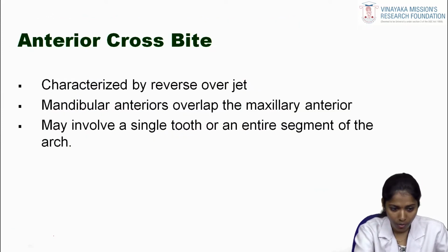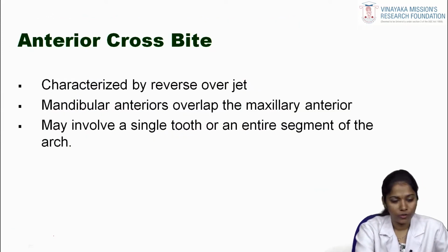We can go one by one. Anterior crossbite is characterized by a reverse overjet. In the normal relationship of your maxillary incisors, there is a horizontal overlap of your mandibular incisors by the maxillary incisors; the normal overjet will be around 2 mm.